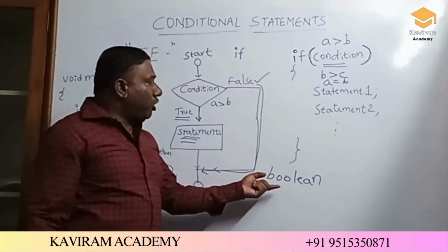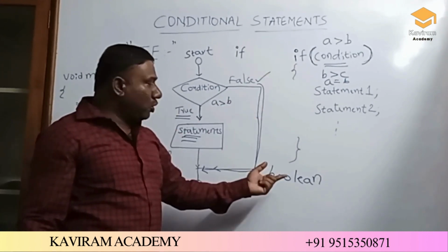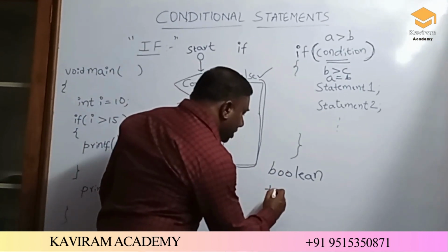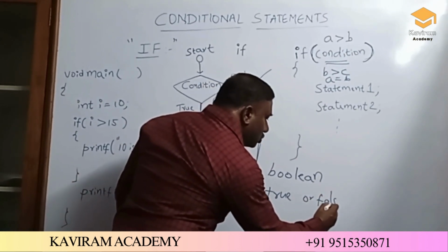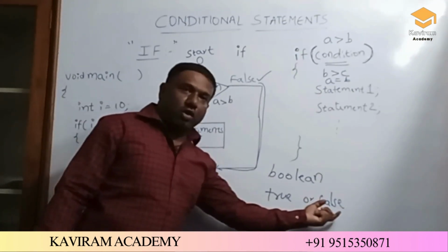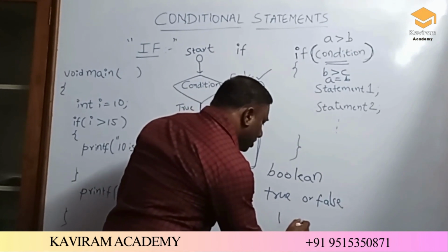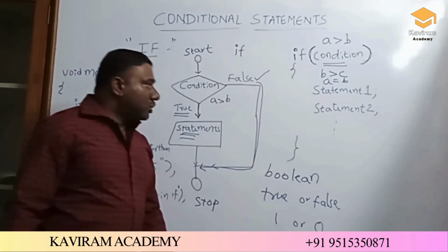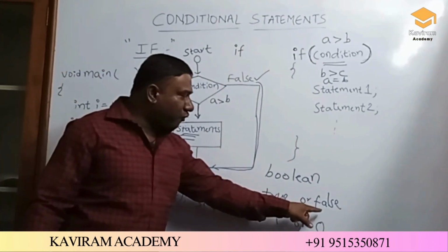Depending upon the condition, this condition will give you a Boolean value. A Boolean value is nothing but true or false. So if will take only two values, either true or false. Digitally, it is 1 or 0.